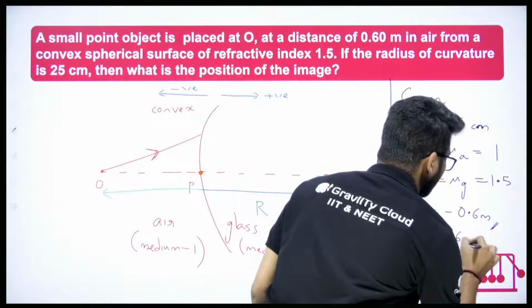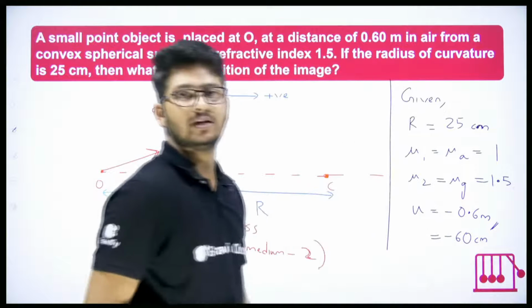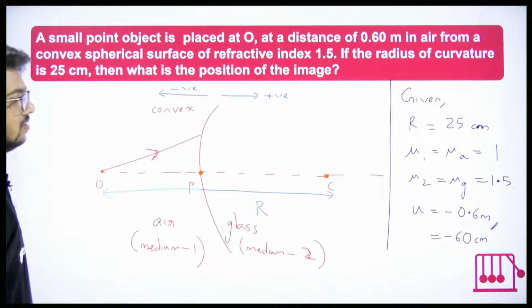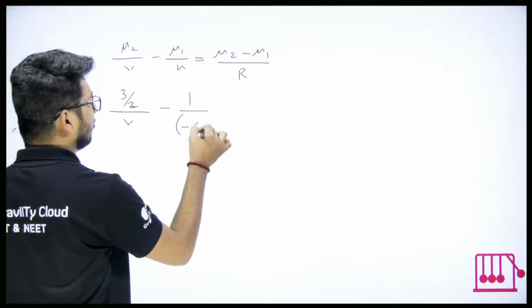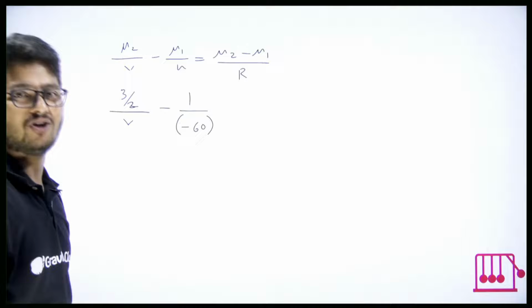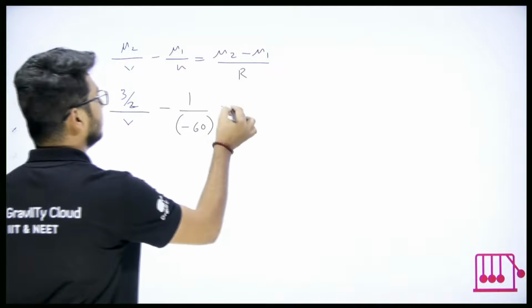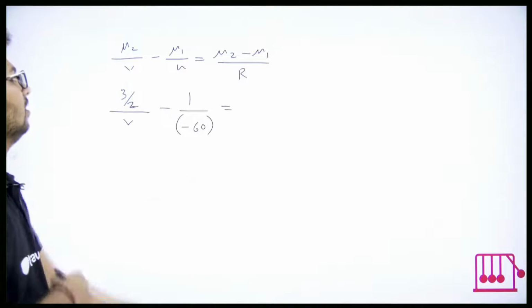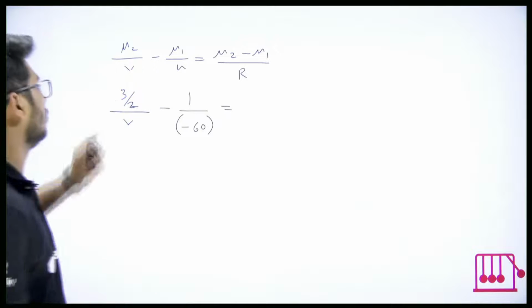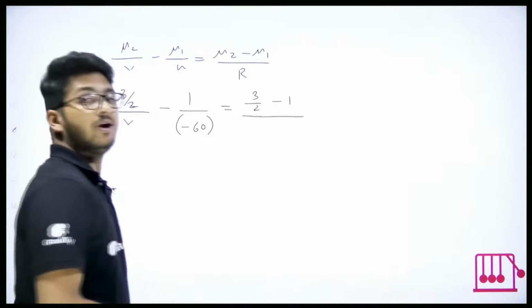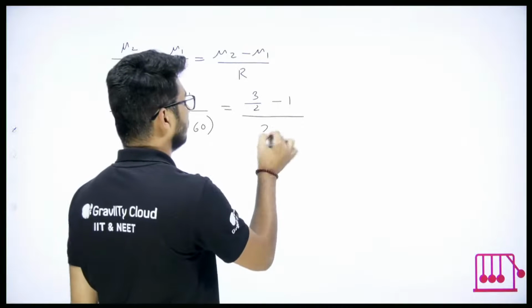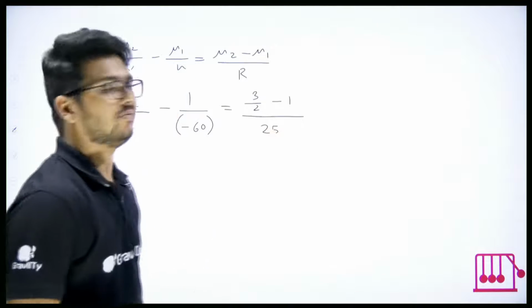It is going to be minus 60 centimeters. 0.6 meter is 60 centimeter, right? So for u I make use of brackets so that we will not go wrong. Minus 60 is equal to, again, mu 2 minus mu 1, mu 2 is 3 by 2, mu 1 is 1, upon radius, what is radius? 25. That's it. If you solve it, you will get the answer.